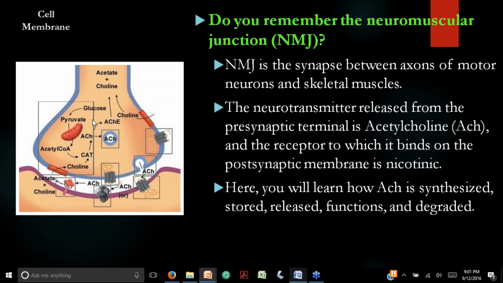What I just want you to pay attention to is this. We have here the terminal axon, and what it does is release the acetylcholine. This acetylcholine is going to look for receptors called nicotinic receptors, and these nicotinic receptors are going to trigger the entry of sodium for depolarization.